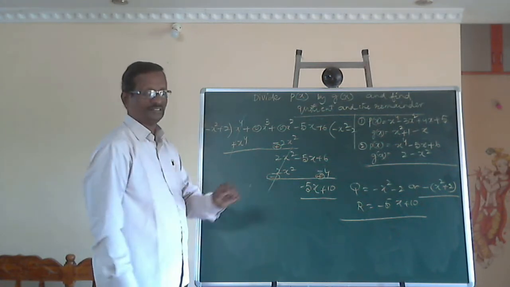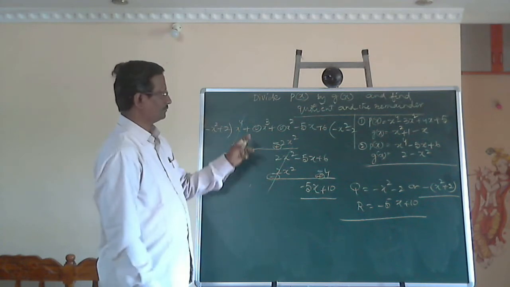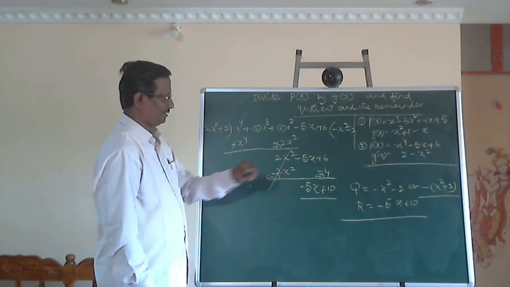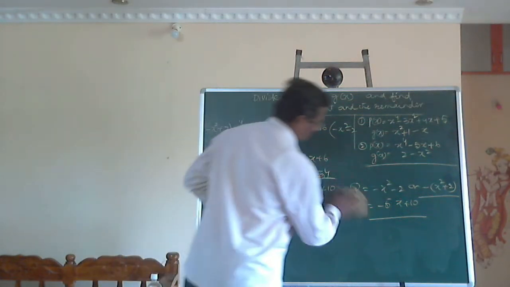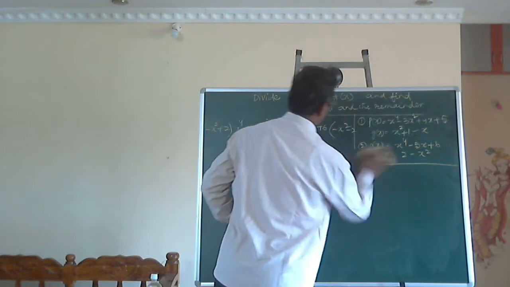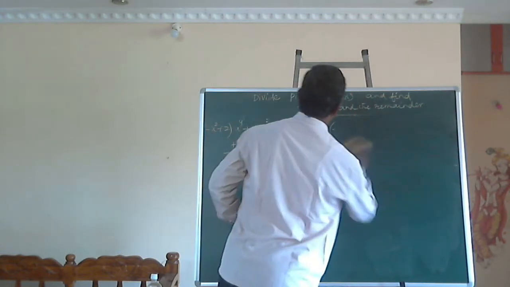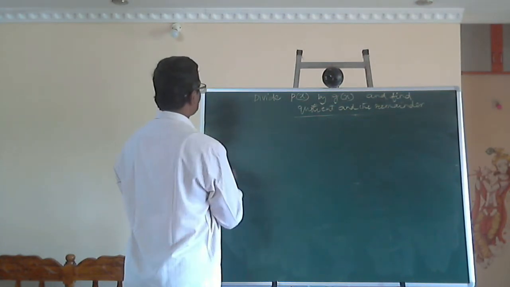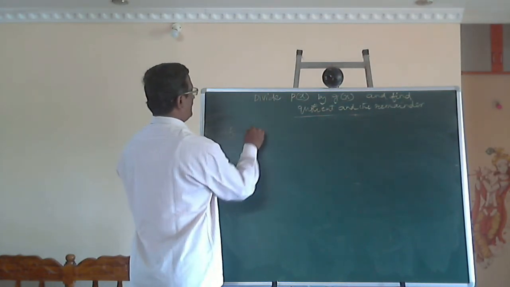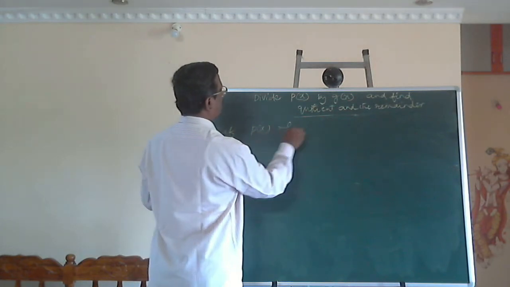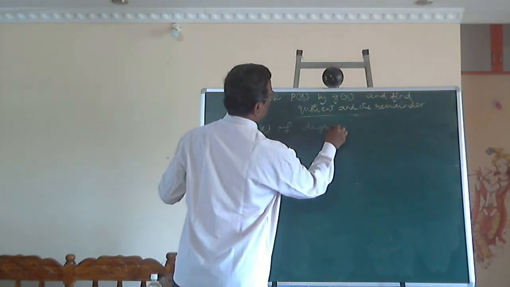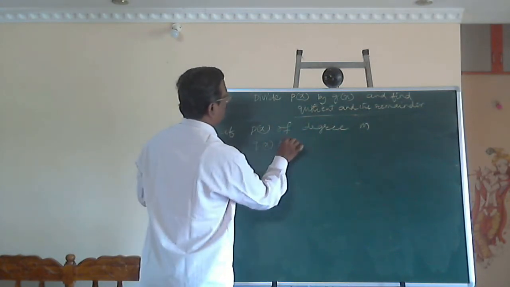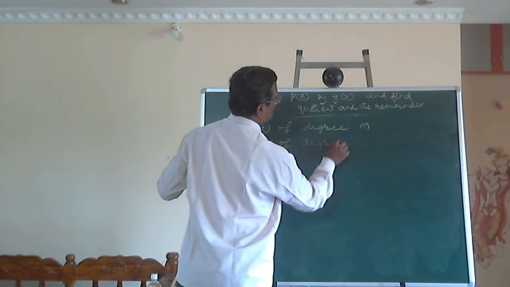Next we will discuss degrees of the dividend, divisor and remainder. Next one. If Px is a polynomial of degree m, Qx is another polynomial of degree n.